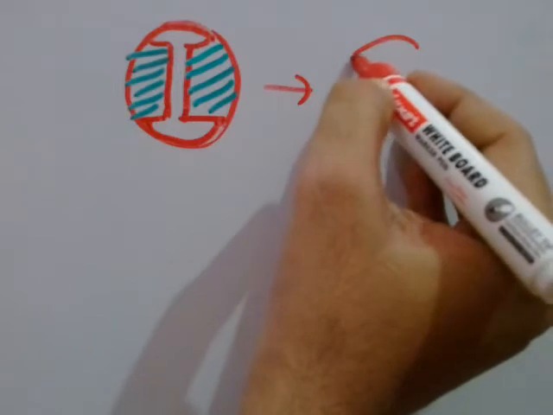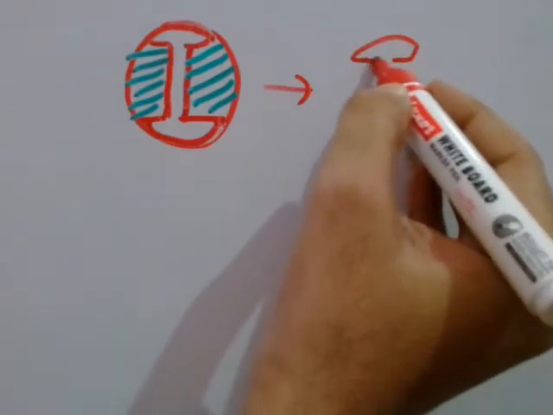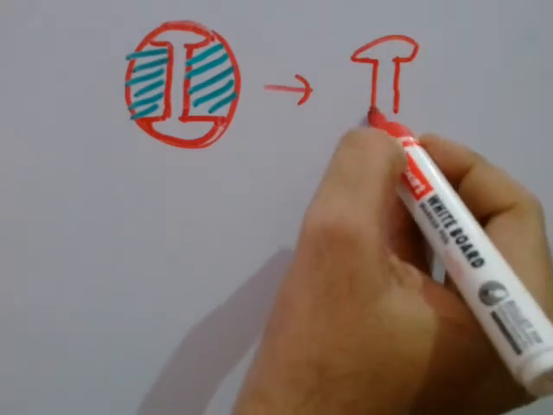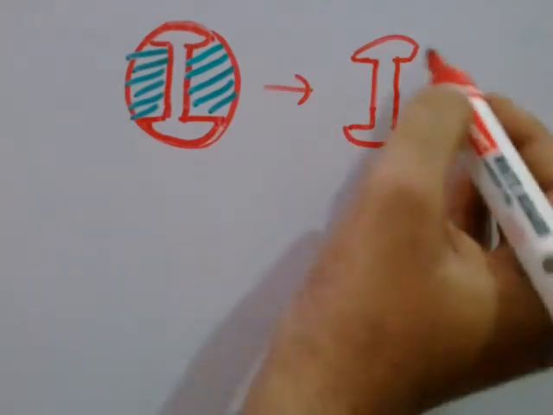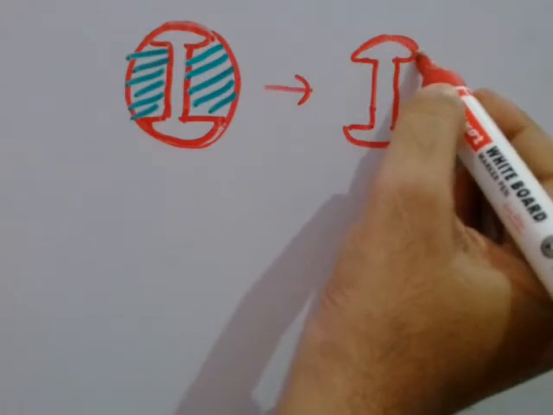Tell me. You will get this kind of rotor structure, right? This is nothing but a salient pole.